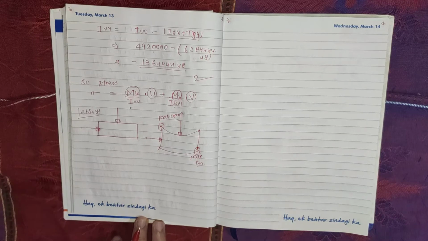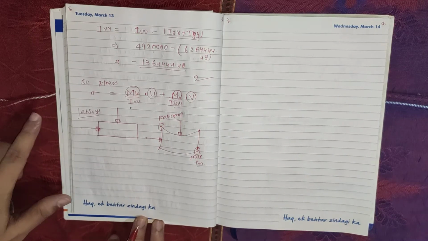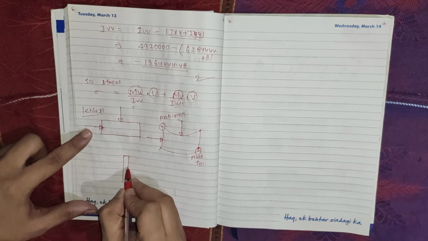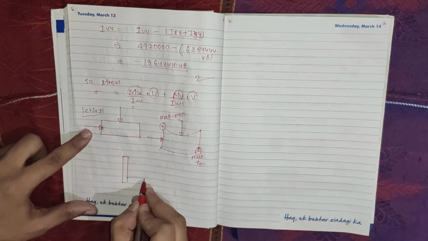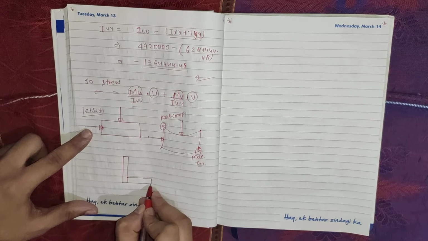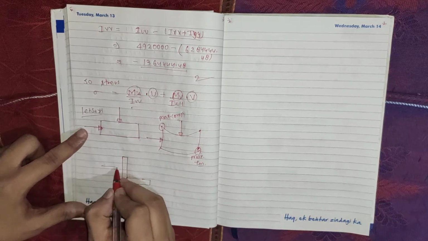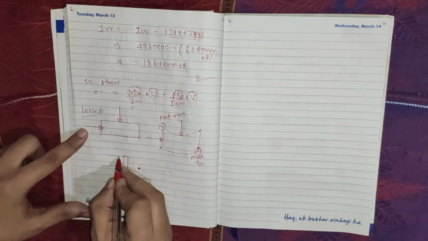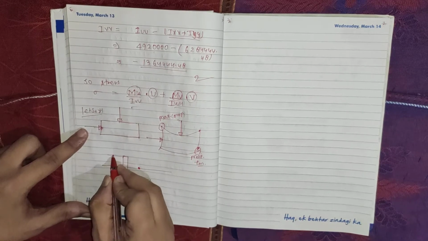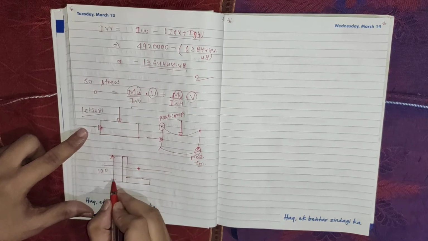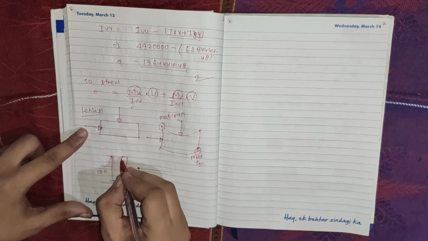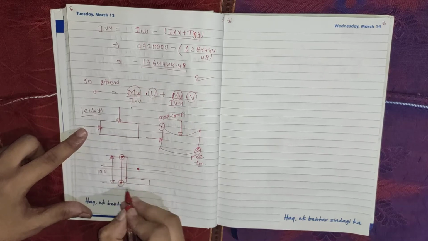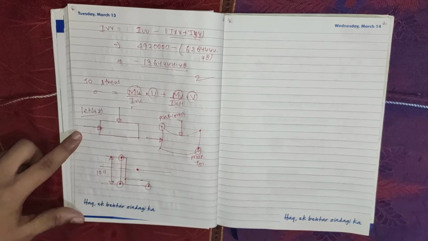So let's see, this is a diagram of an L section. Okay, this is the neutral axis, this value is 100. Okay, so the maximum tension you will get here, here and here.